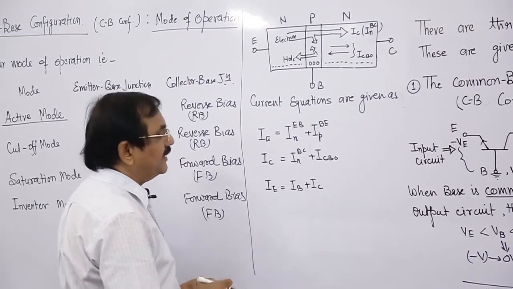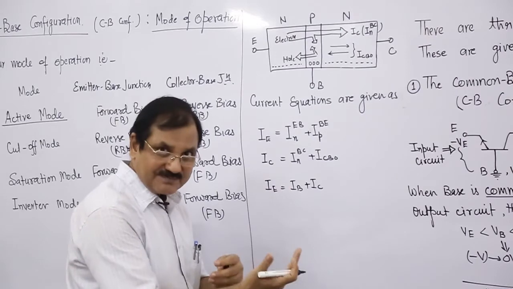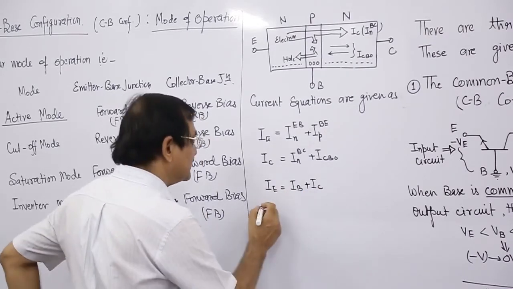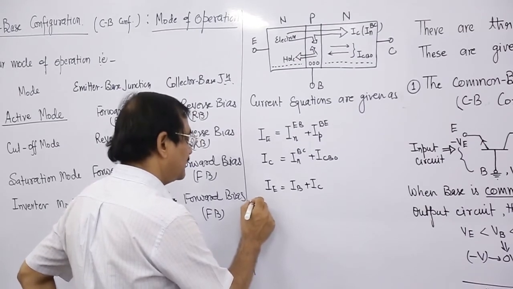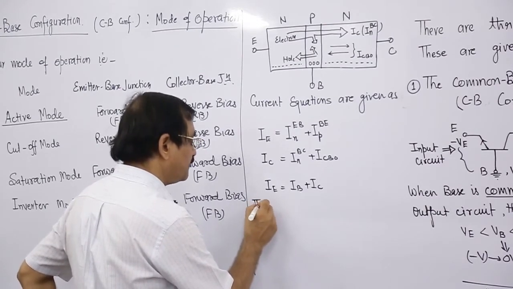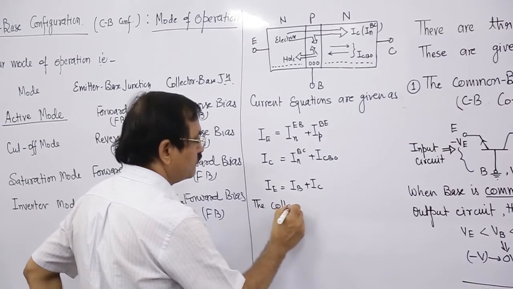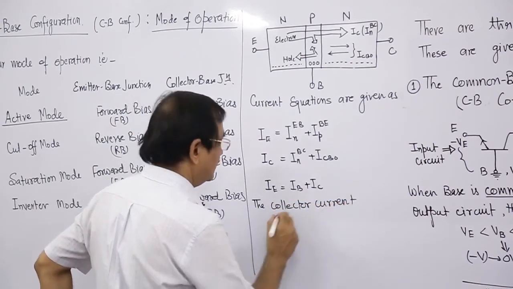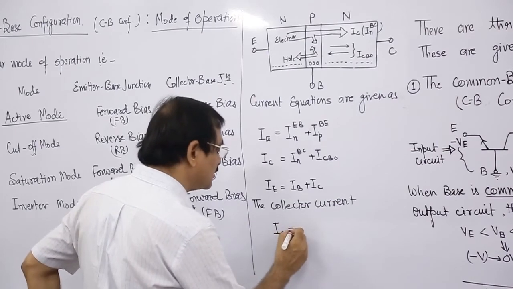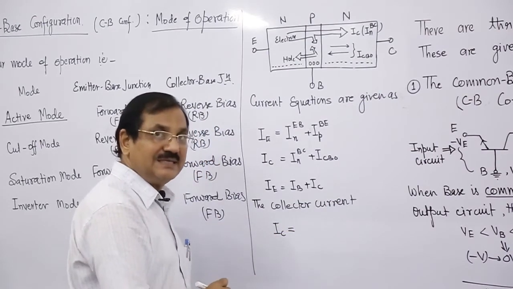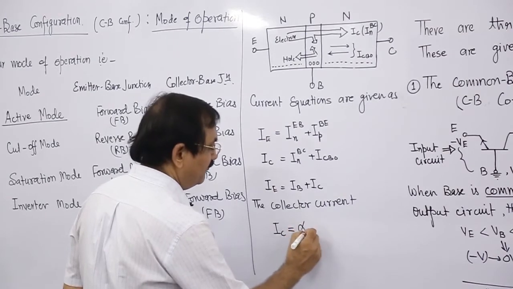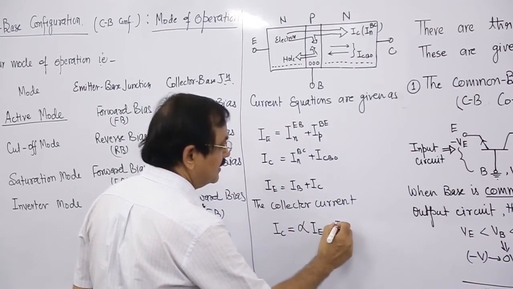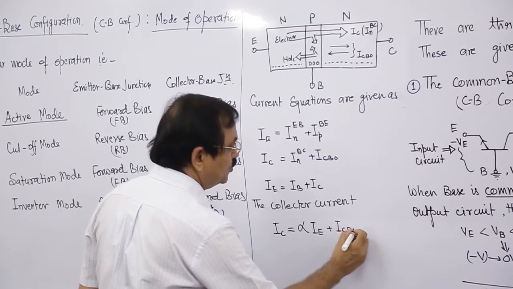In the case of the collector current, IC is equal to alpha IE plus ICBO.